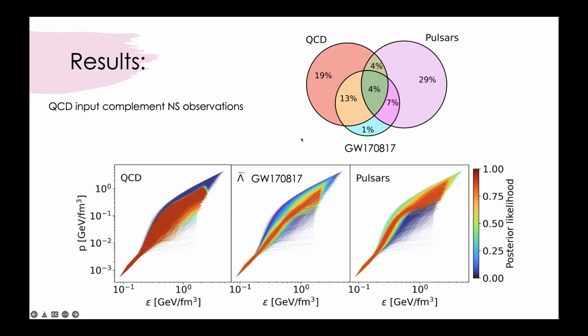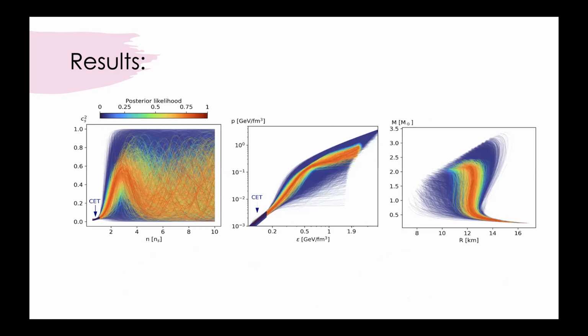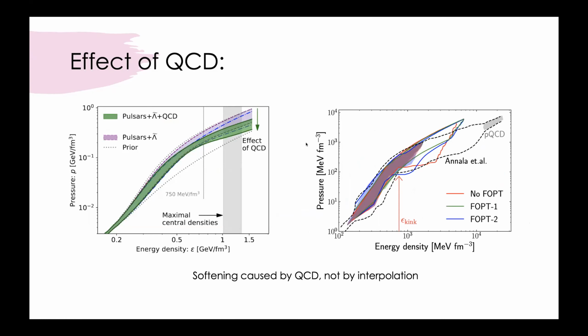Now you can, of course, put all of this information together and then make predictions, posteriors of the various properties, such as the speed of sound in the neutron star, or the equation of state, or the macroscopic properties of the neutron stars themselves. And now, the really interesting question to ask is what is the effect of this QCD? If we turn the QCD constraint on or off, what happens to the equation of state?